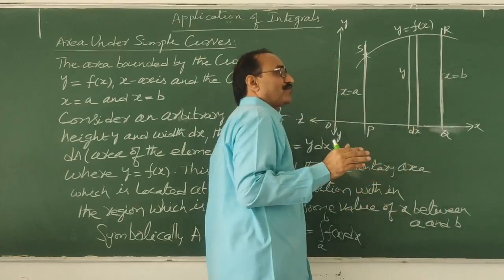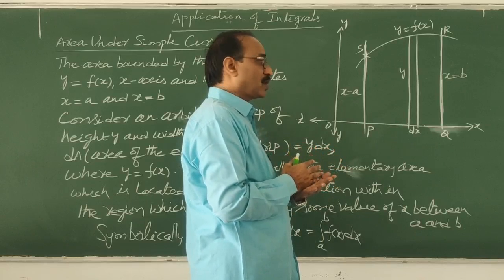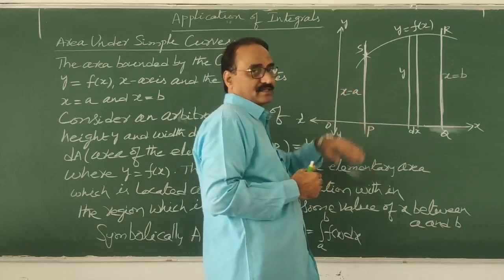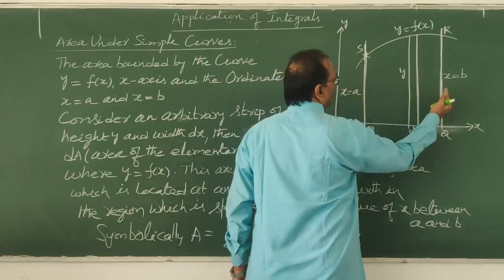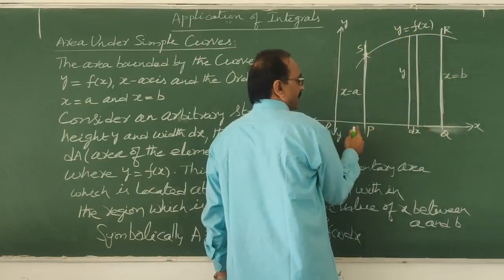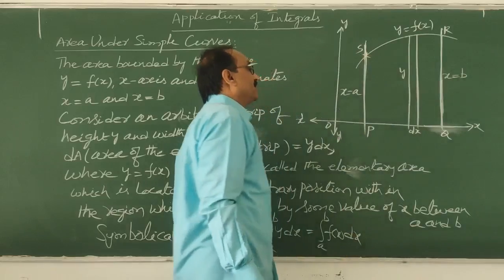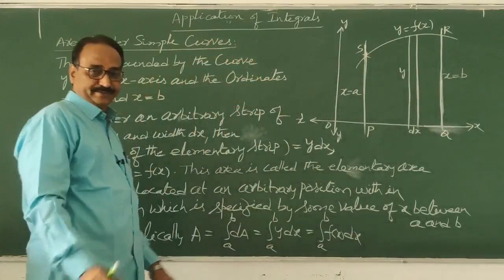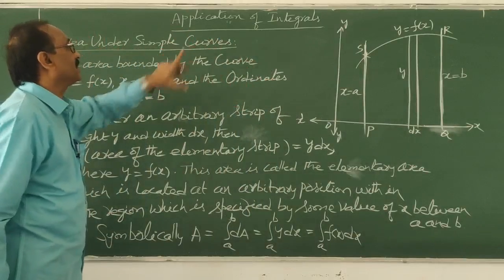Now we have to find the area between x is equal to a and x is equal to b, above the x-axis. Among these three, above the x-axis, a and b and the curve. So now what happened? Intersection points have come, it is a closed area PQRS. So we want to find the area of PQRS. That is called area under simple curves.